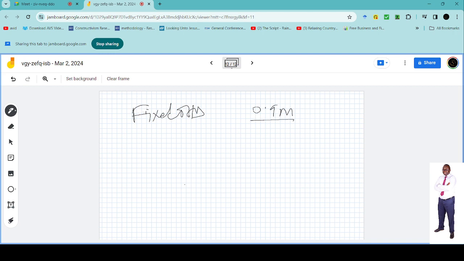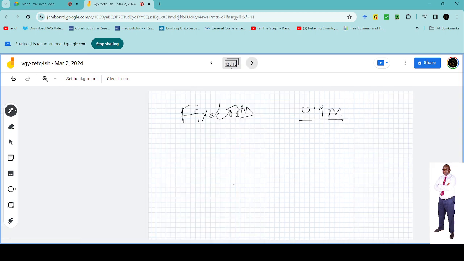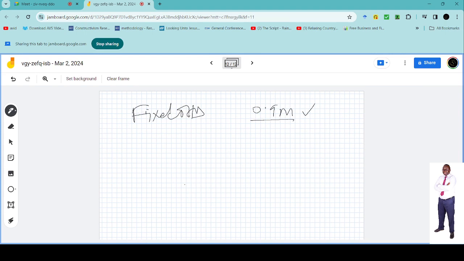So when we add all the cost of goods, what we are adding is these figures: the 2.4 million, 0.6 million, 0.5 million. We are also adding 0.9 million.